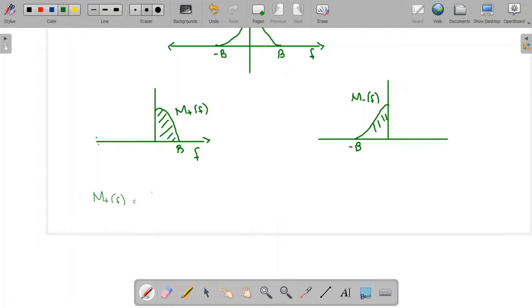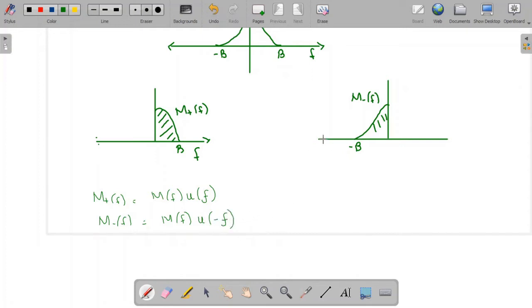Now, m plus f is actually equal to m of f multiplied by u of f, where u of f is my step function. Similarly, m minus f, this left side band, can be written as m of f u of minus f.